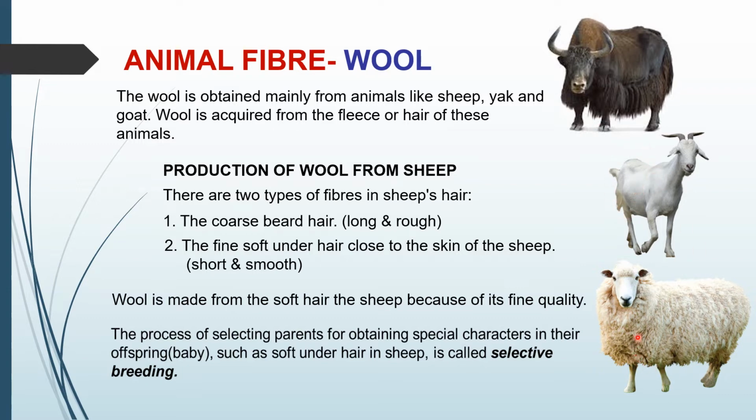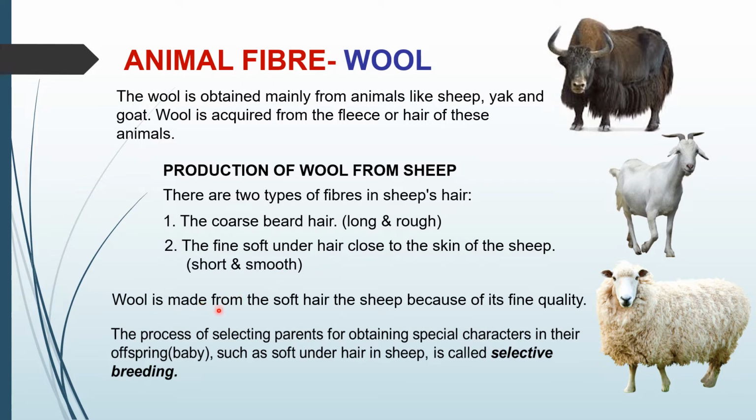Now we see there are two types of fibers in sheep's hair, the coarse beard hair and the fine soft under hair close to the skin of the sheep. The first type is the coarse beard hair, which is very long and rough. But the fine soft under hair close to the skin is very short and smooth.